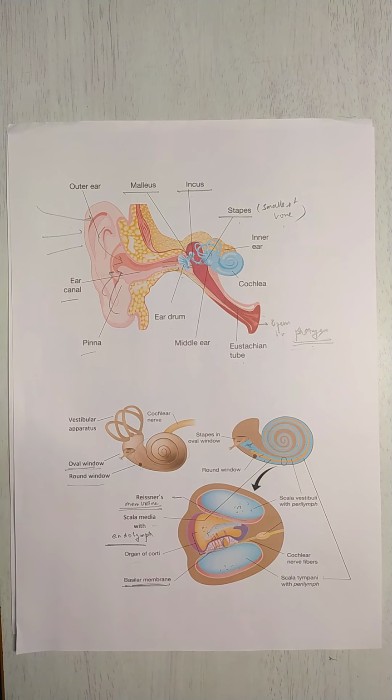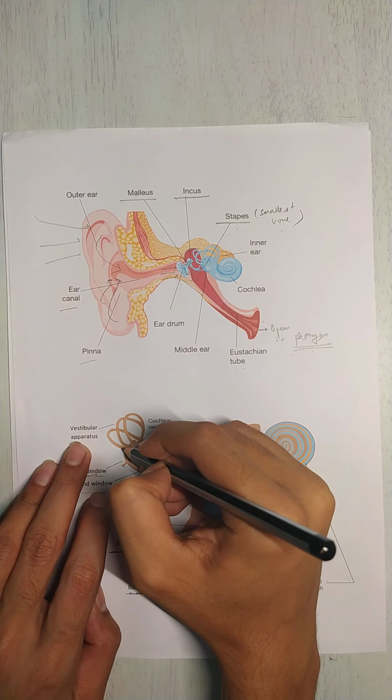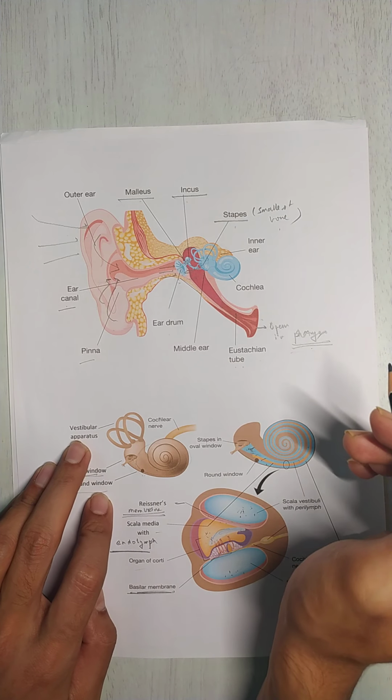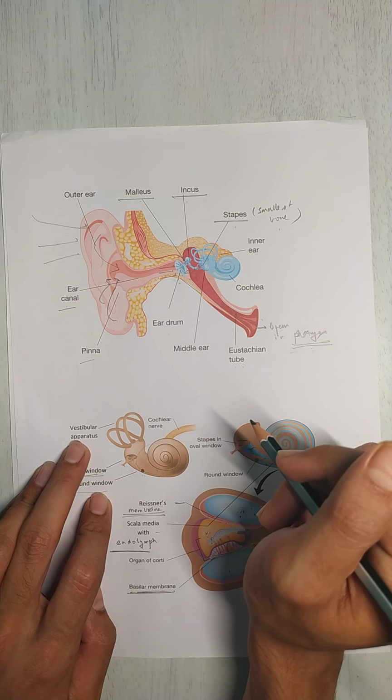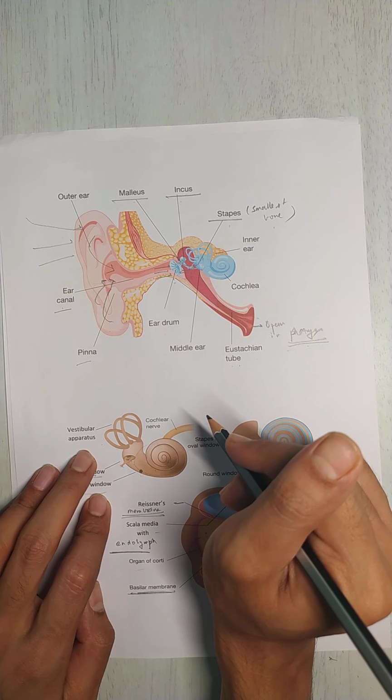So the fact that when you tip over, when you are inclined towards one side, that is detected by this particular vestibular apparatus, which consists of 3 semicircular canals, and these 3 semicircular canals are at right angles to each other, and these are fluid filled inside, and the fluid moves inside these 3 canals, and the position of the fluid can be determined by the ears, and based on the position of the fluid inside the canals of the vestibular apparatus, your body knows the direction in which you are standing.